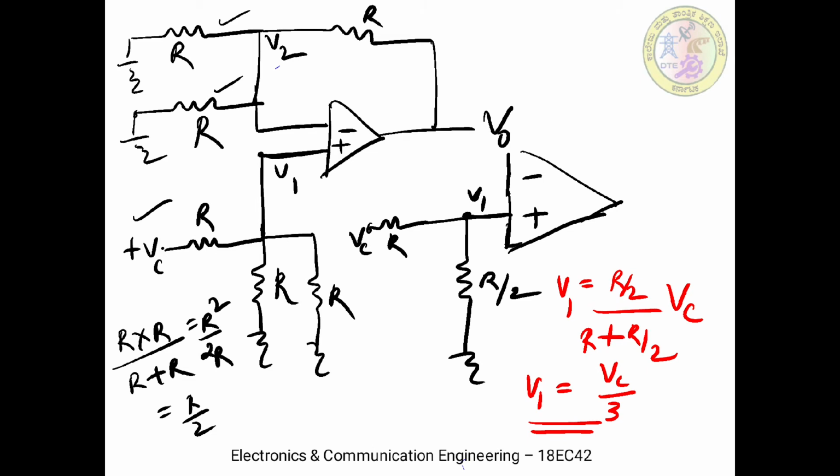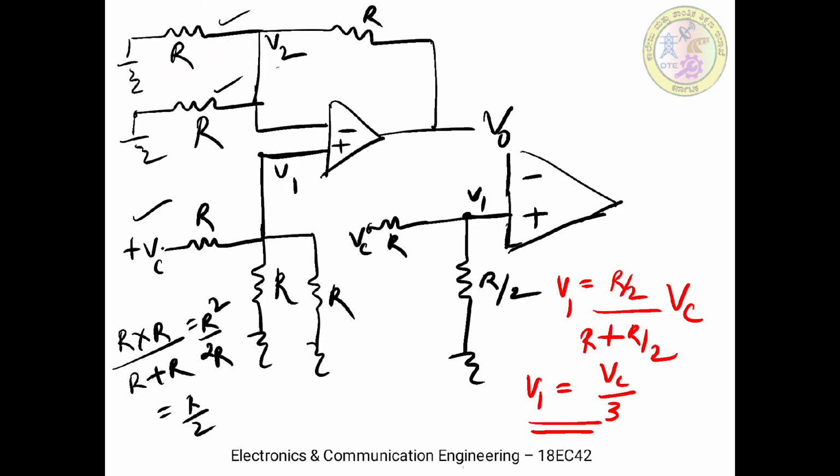So therefore now this is going to the non-inverting terminal as the input. Now we can write the output voltage because of only C input as VOC equal to, where V1 is nothing but VC by 3.